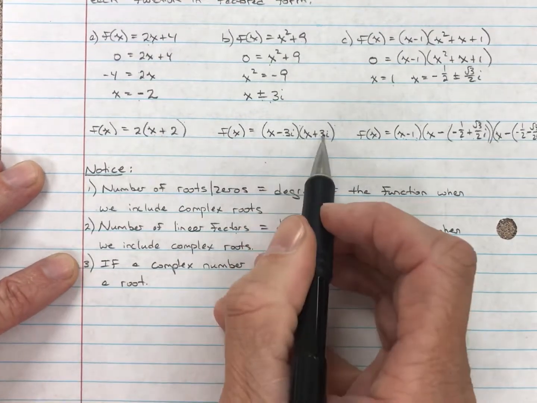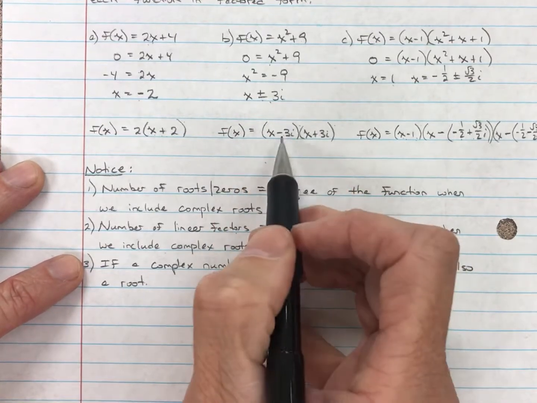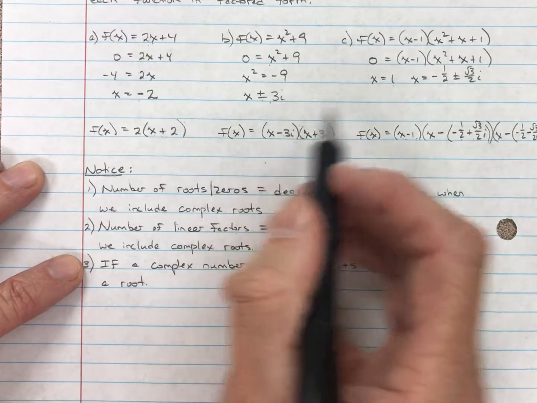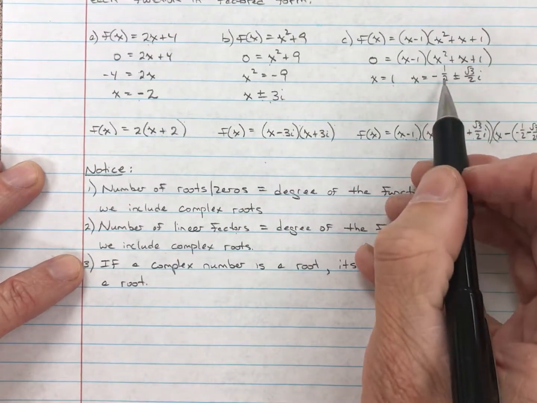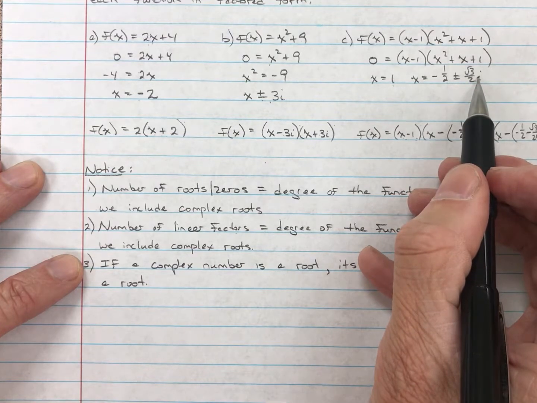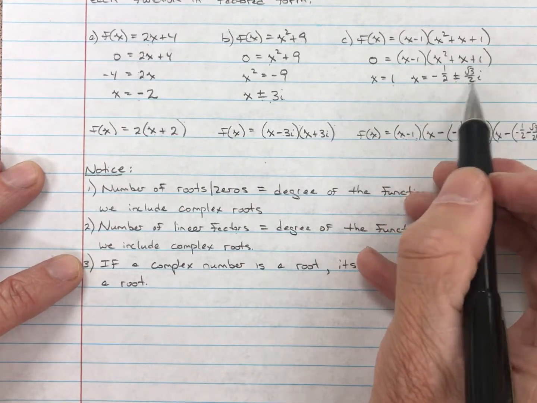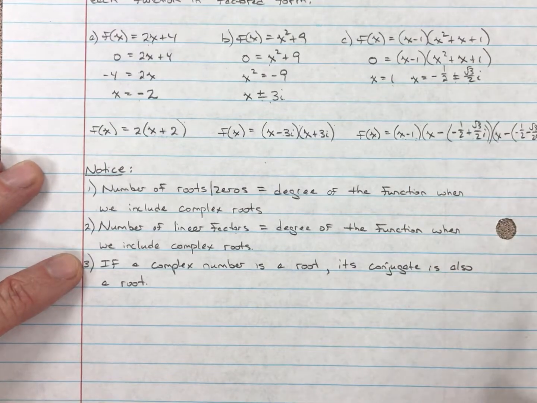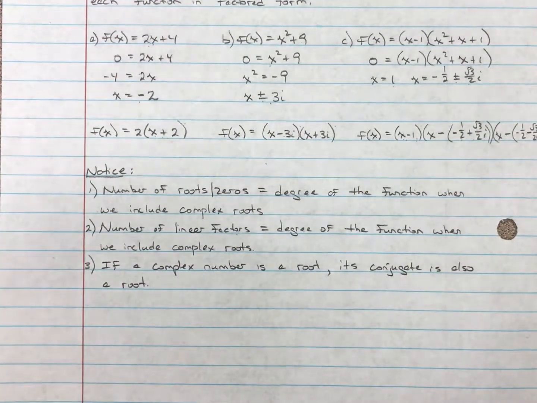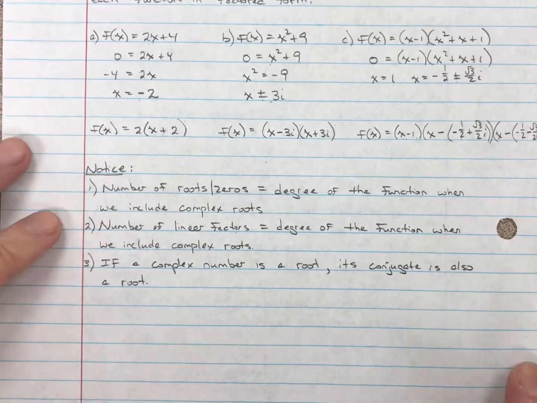So look here. If 3i is a root, negative 3i is a root. If negative 1/2 plus root 3 over 2 i is a root, its conjugate, negative 1/2 minus root 3 over 2 i is a root. Okay, so those are three things we notice we're going to make use of.